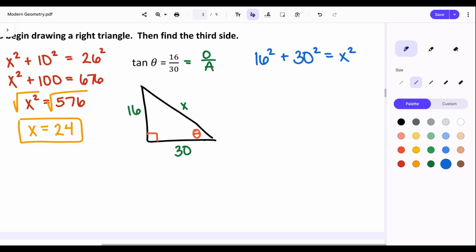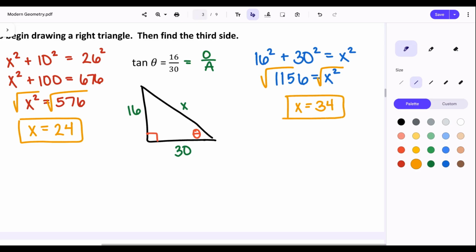When you square 16 and 30 and add them together, you should have gotten 1,156. That equals x squared. And then I would square root both sides, and I got 34. Okay, does anyone have questions on how to set up those types of problems?